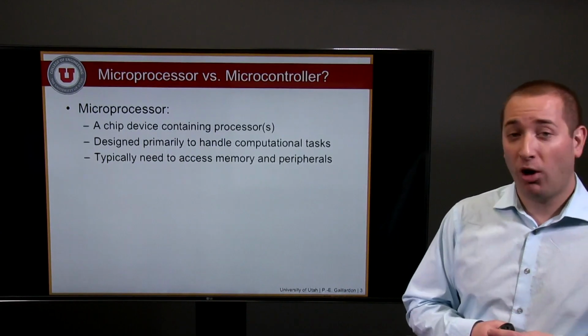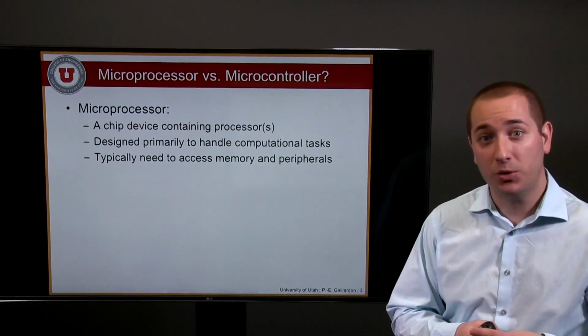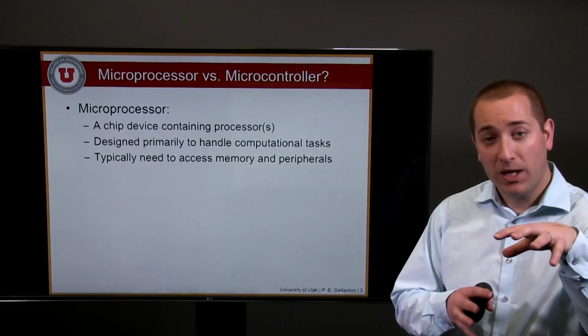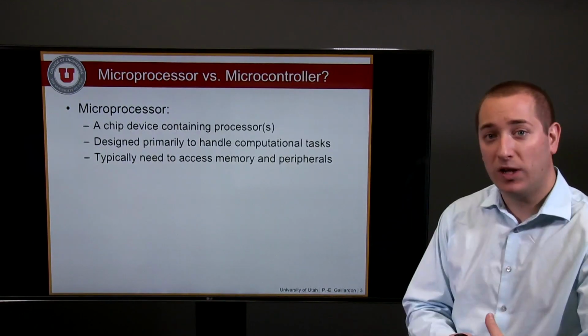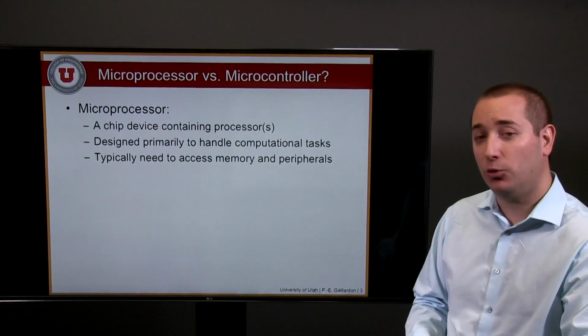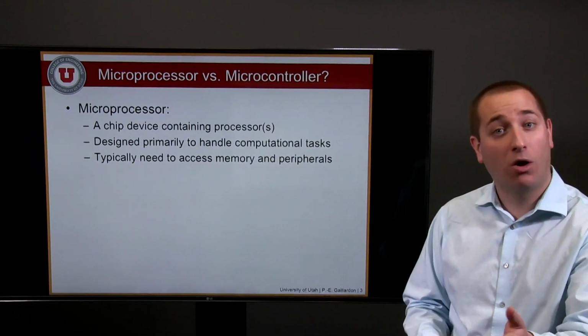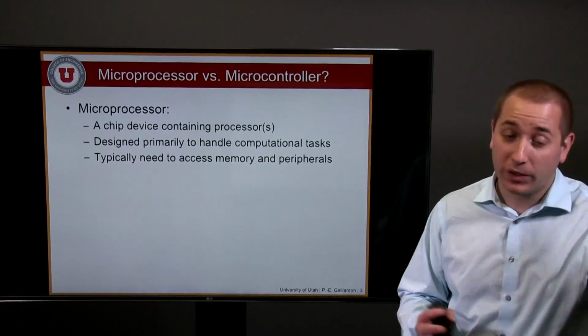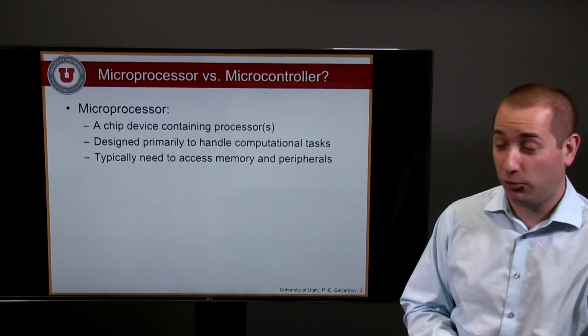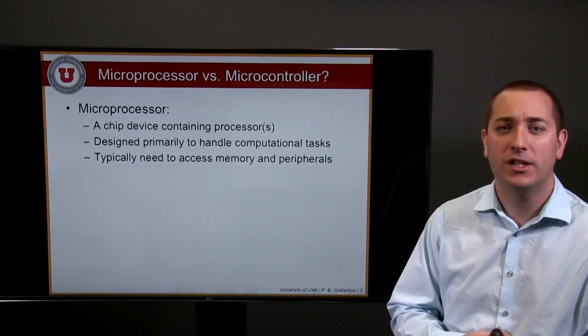Think about the microprocessors in your personal computers. The microprocessor is implemented on a motherboard that will then distribute and connect this microprocessor to the memory, the DDR SDRAM, as well as the diverse set of peripherals, graphic cards, sound cards, and so on and so forth.